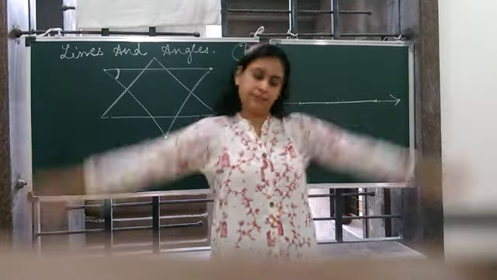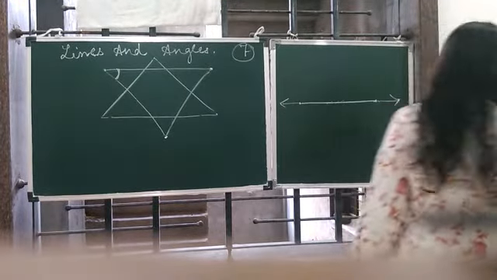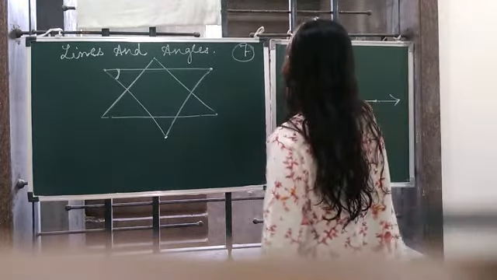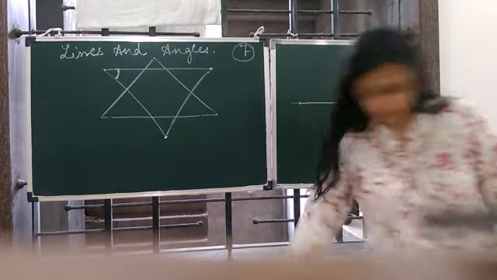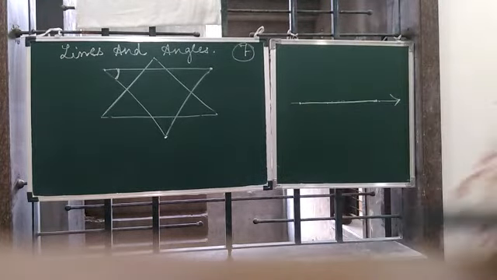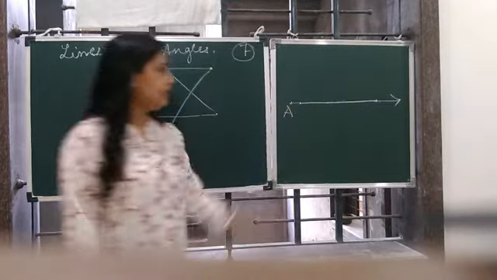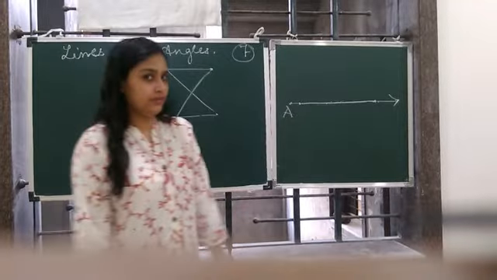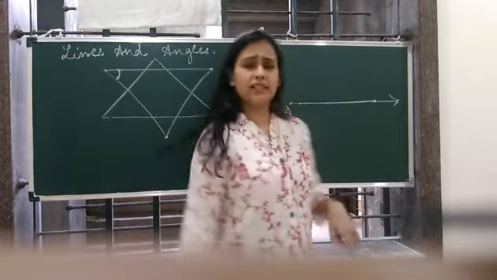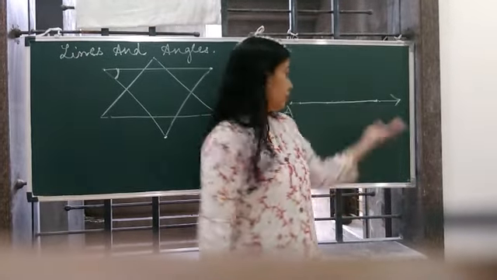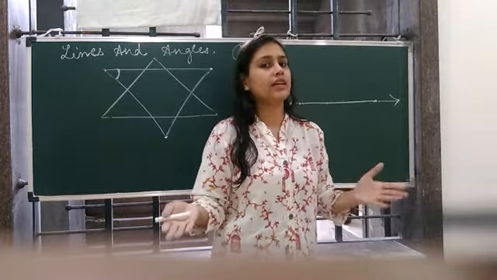This is a line. Now suppose we know one end point of it, meaning we know where it started. Suppose it has started from this point, point A. Then is it a line? No, it's not a line. What is it?